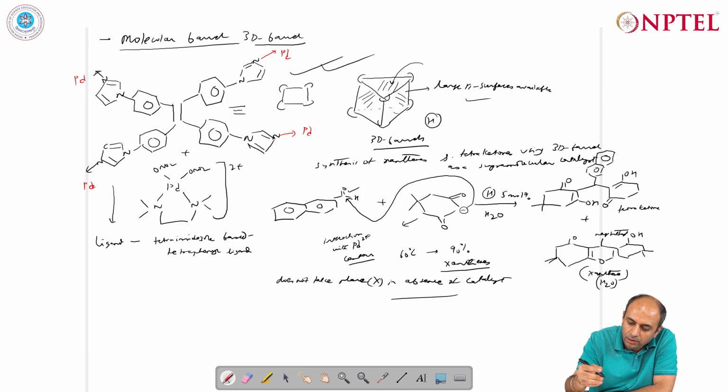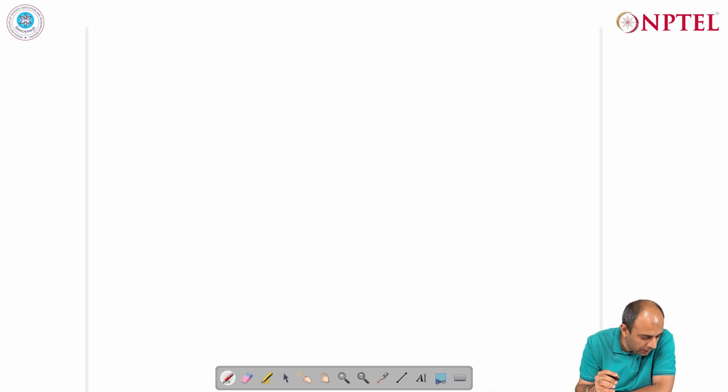Keeping this in mind, further modification was done to this barrel like structure, where people modified the ligand backbone further. So they were now able to make this particular barrel.